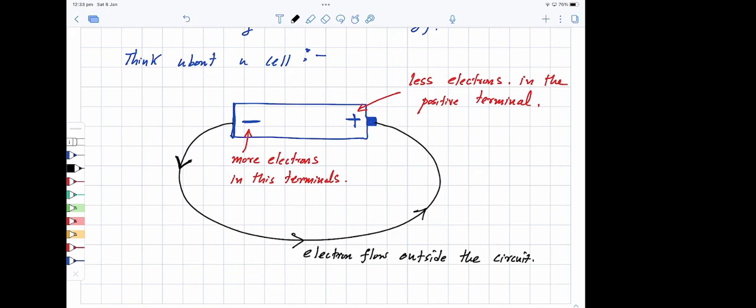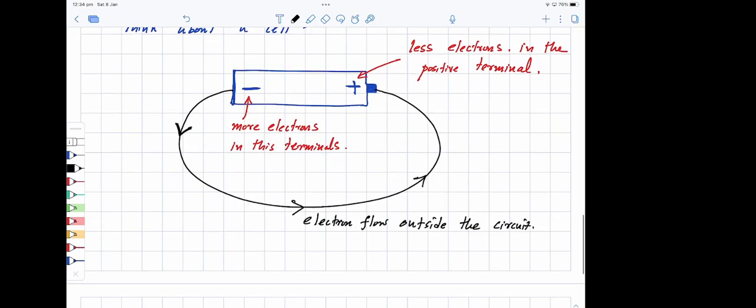So we have current in our house, but nobody can feel the current. Nobody can see the current. We can feel in an electric shock, not the current, but the electrons. A lot of electrons are coming into your body, not the current. Current is a junk name given by us, right?